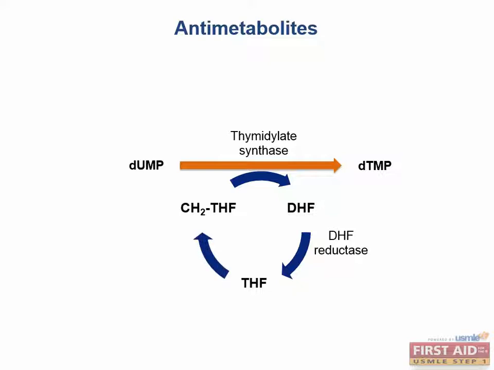The first step in this conversion requires dihydrofolate reductase, and methotrexate acts as a folic acid analog that inhibits dihydrofolate reductase, and thus the eventual conversion of dUMP to dTMP. So basically, methotrexate acts by decreasing available dTMP, thus inhibiting DNA synthesis as well as protein synthesis.